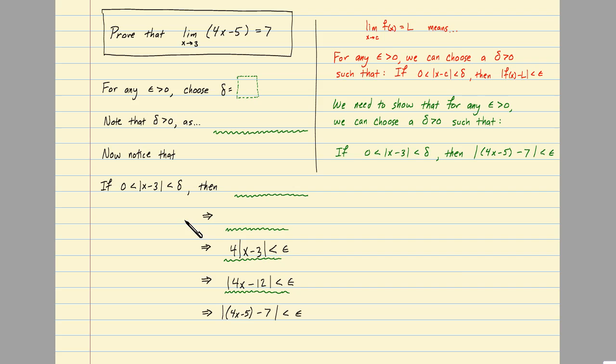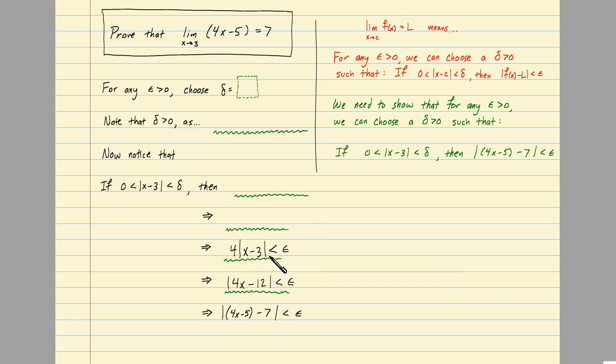Okay? Now, again, going back to here, notice not only do we have the absolute value of x minus 3, but it's kind of isolated in this string inequality. Over here, we have this extra 4. Let's try to isolate our absolute value of x minus 3 and see what we get. Again, trying to work our way backwards.